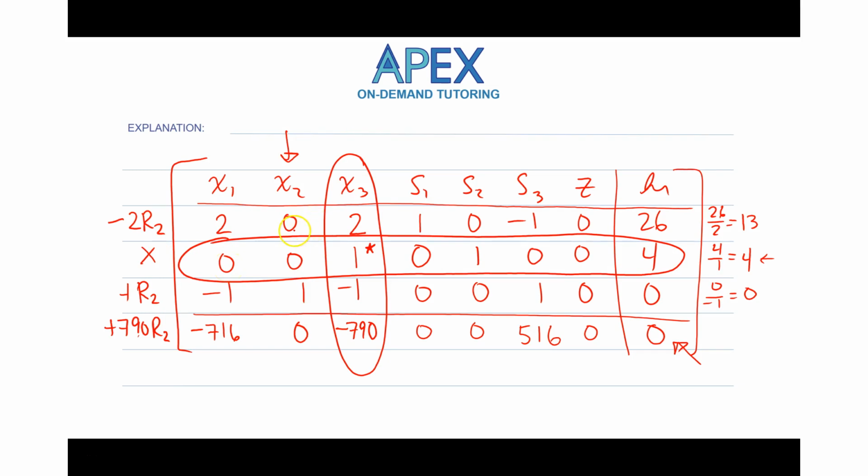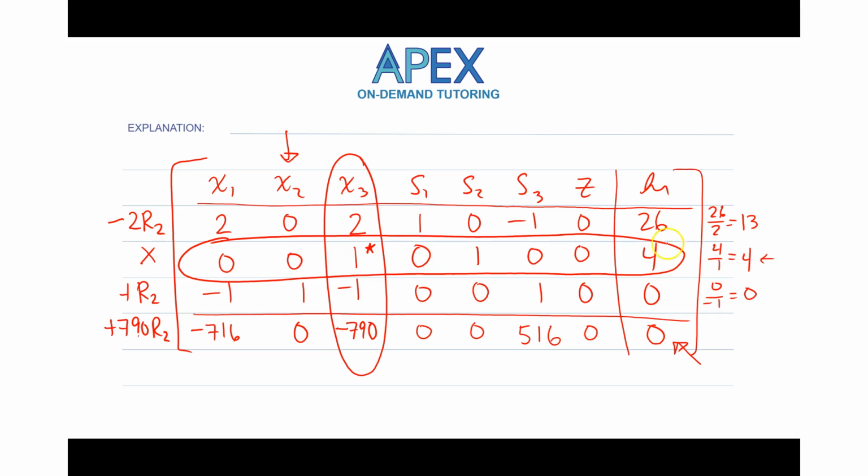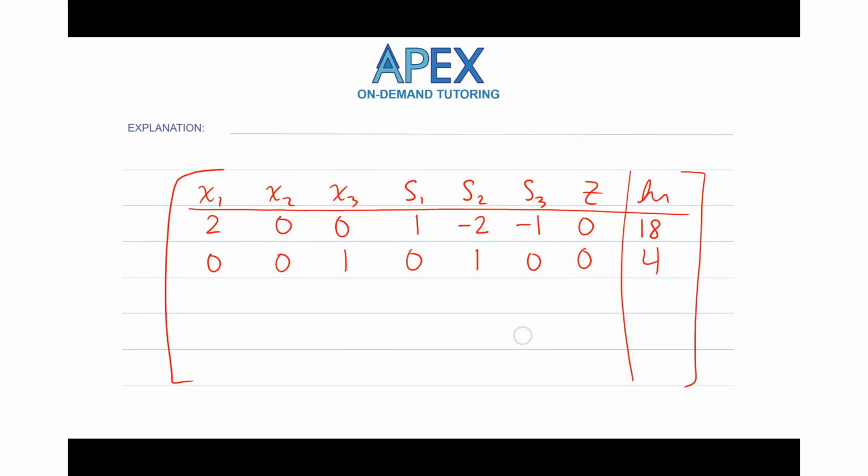So that won't change the first two numbers, and it'll change the third number into a 0. So we'll get 2, 0, and 0, and then the rest of this will just be 1, -2, -1, 0, and 18, because that was a 26, and we subtracted 2 times 4. Just like this one right here turned into a -2 because we subtracted 2 times 1.